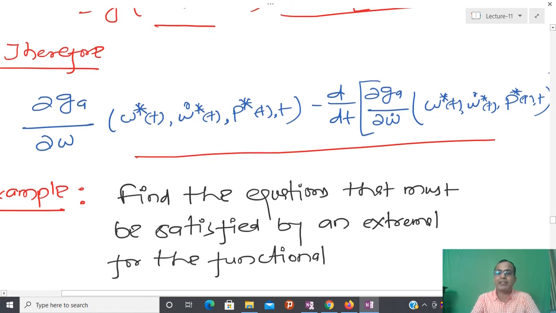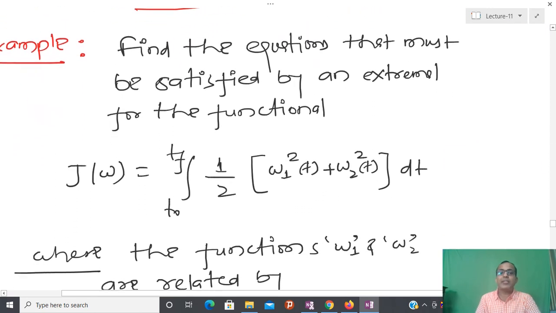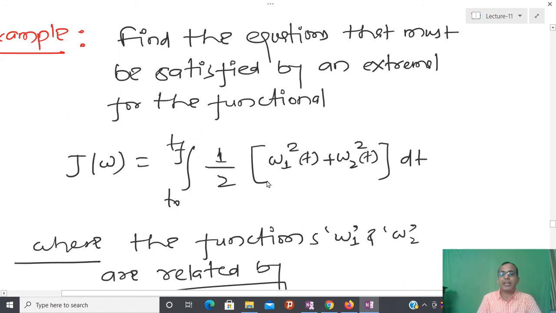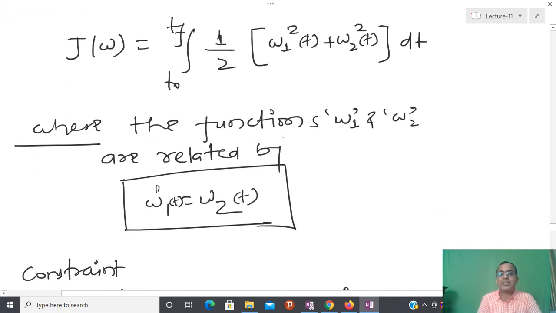So let us try to see the example. This example I have taken from the control system. So now here you can see that I have some kind of functional, and the functional is defined by omega 1 square t plus omega 2 square t, and now these two functions are related by omega 1 dot equal to omega 2.